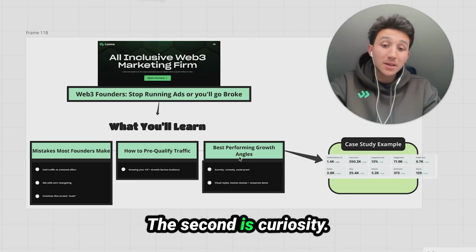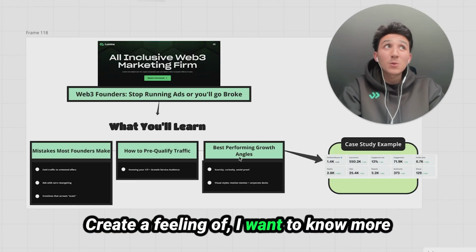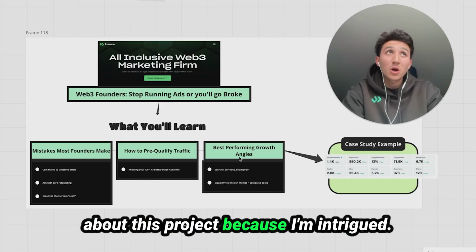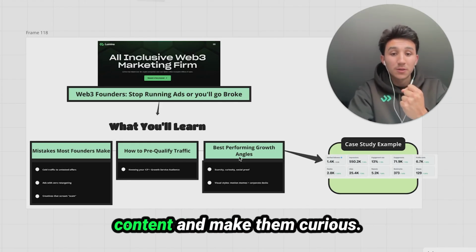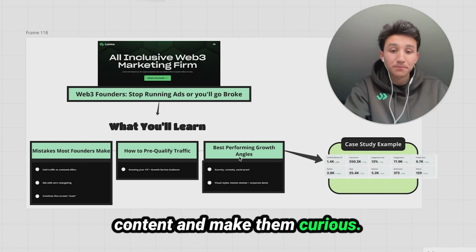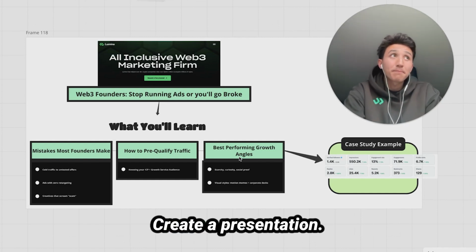The second is curiosity. Create a feeling of, I want to know more about this project because I'm intrigued. Get them intrigued, get them hooked in with your content, and make them curious. Third thing, social proof. Create a presentation.